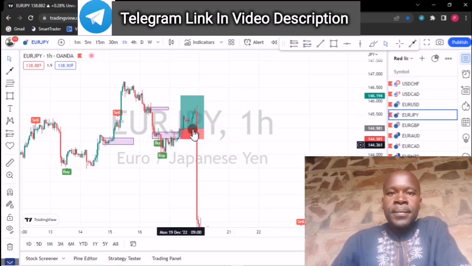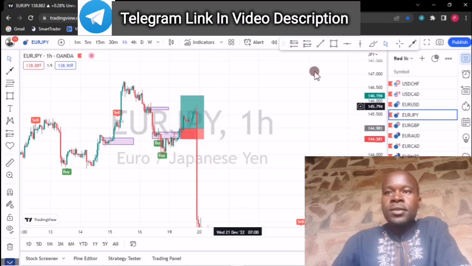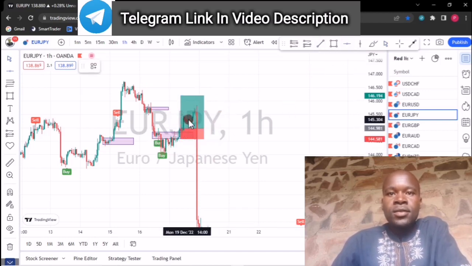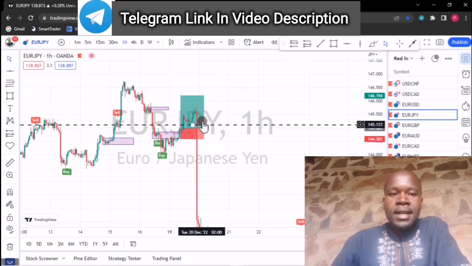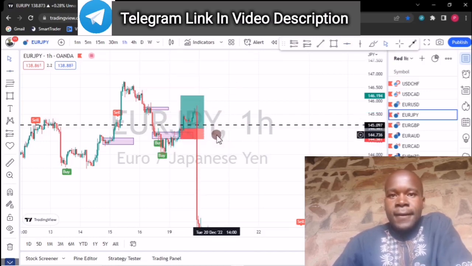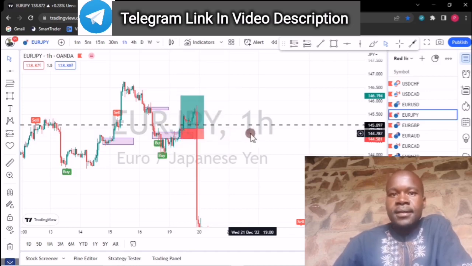So what could have happened here, price could have moved in your direction and created a new key level, moved upward, and you would have moved your stop loss to entry, and you could have been taken out at break even.